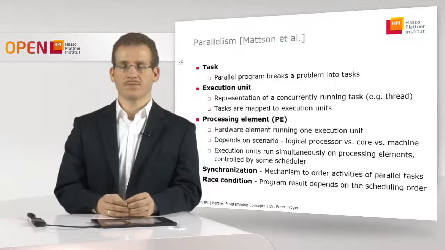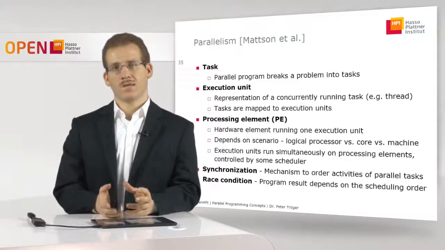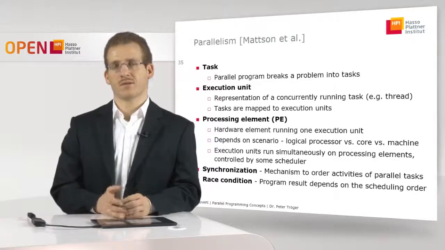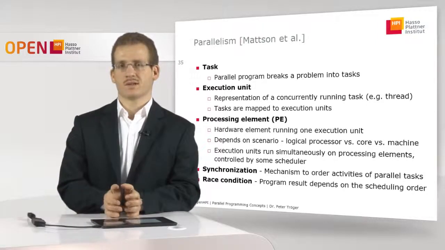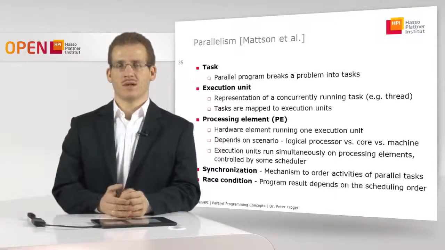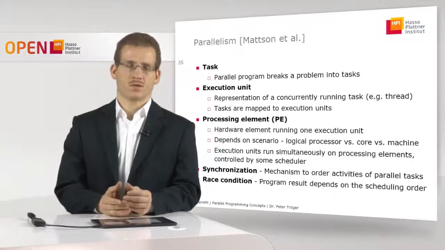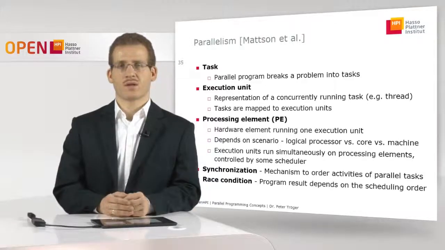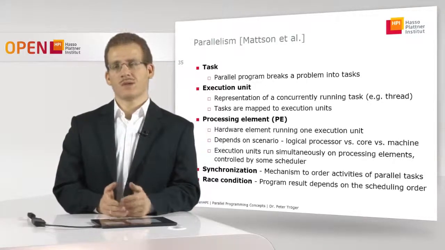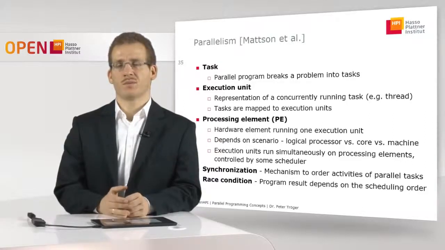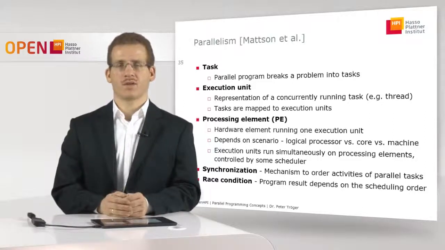And these tasks now are expected to run on your parallel hardware in order to speed up the overall execution of the application. So the thing that takes the particular piece of code and wraps it, encapsulates it in order to be runnable on a core or on a processor, this is something that we call an execution unit. A typical example from the software world would be threads and the according implementation of their functionality.